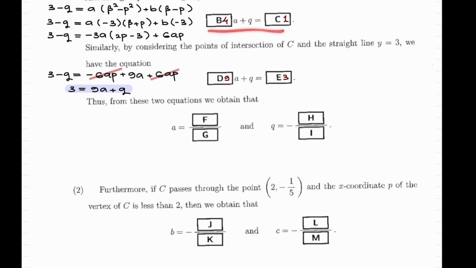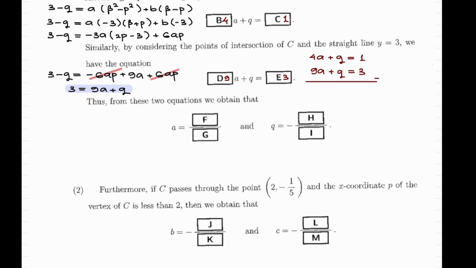Once you get these two equations, I think it is easy for you to find a and Q, because you have two equations with two unknown variables. So by using elimination, for a plus Q equals 1 and 9a plus Q equals 3, I will subtract.